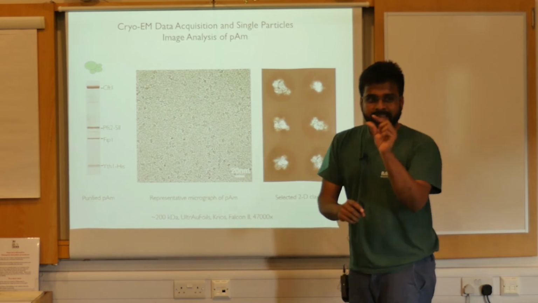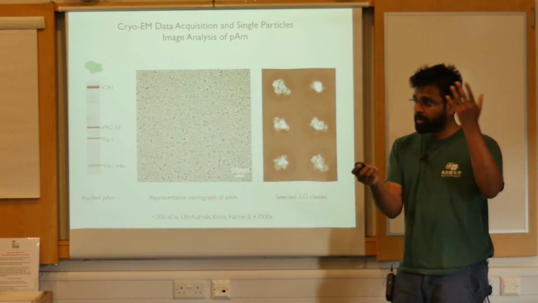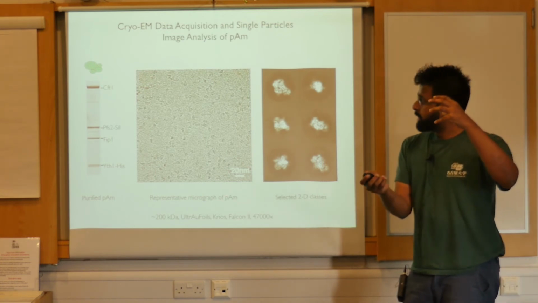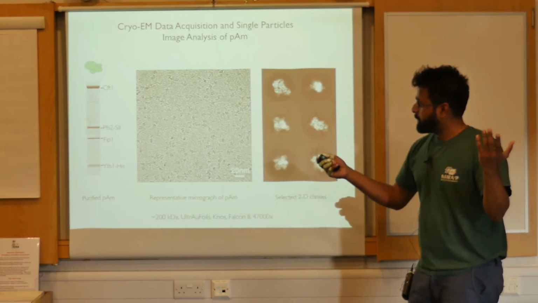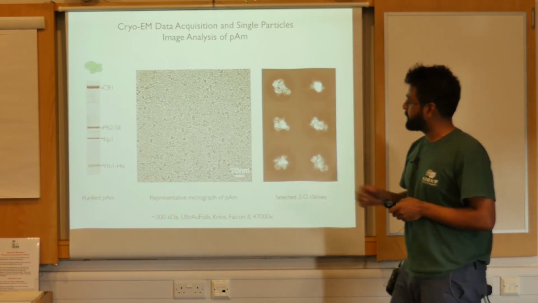All you can see is just a single dot, and that's because biomolecules are susceptible to radiation damage. So we shoot them with a low dose of electrons, but we need to get high resolution information. Here's where clever image processing comes into the picture.